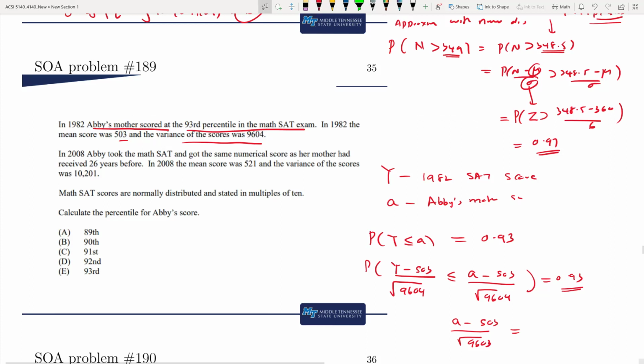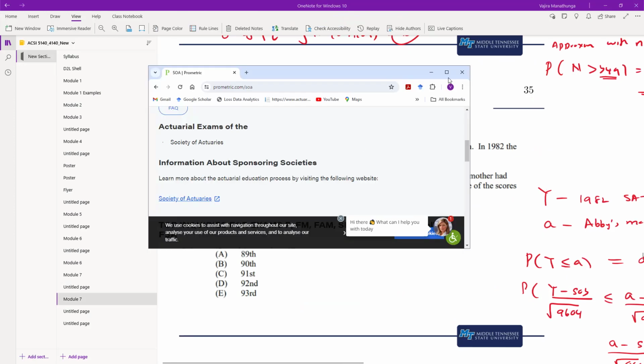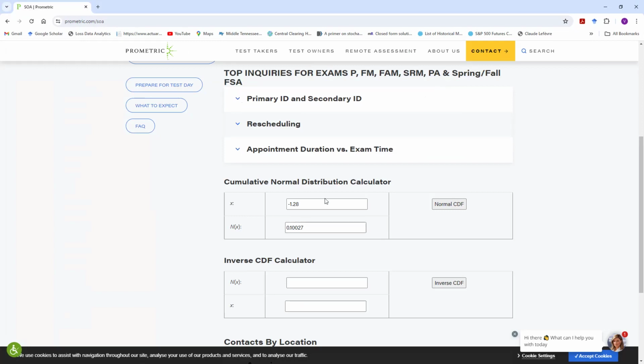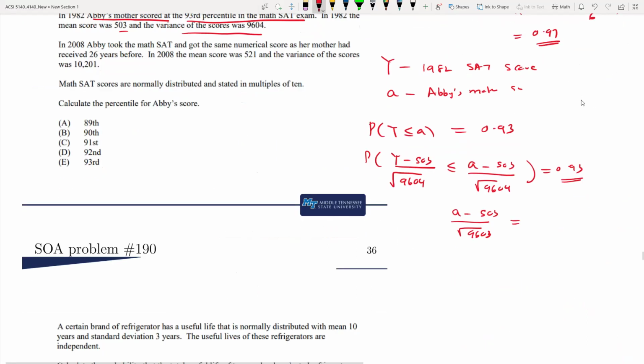So if I use my calculator, on this side we need 0.93. So it's 1.47579. So this one should be equal to 1.47579.